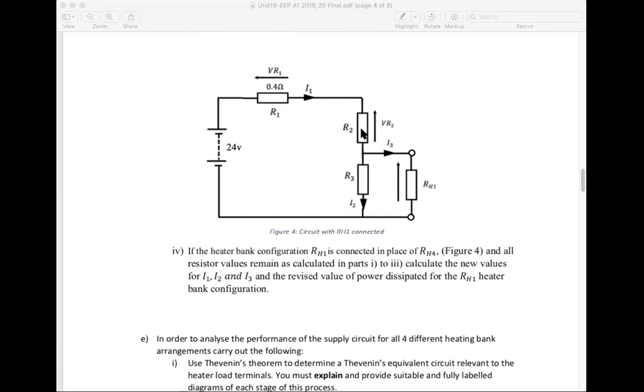The values you calculated for R2 and R3 would all stay the same. So then you've got to recalculate new values for I1, I2, and I3 to get a revised value of power for the RH1 heater bank configuration. Wait, is this part of E? Has this got something to do with E?